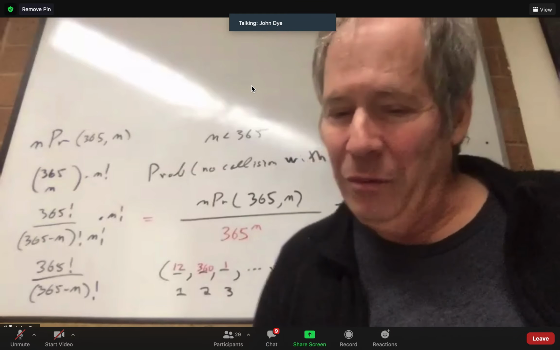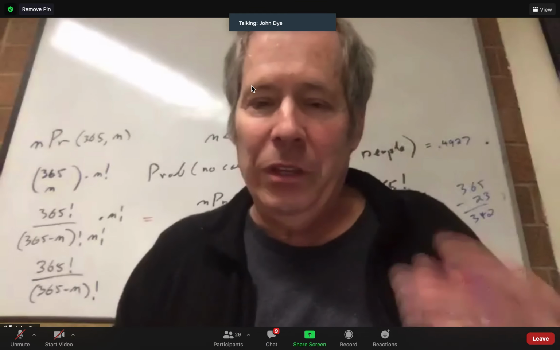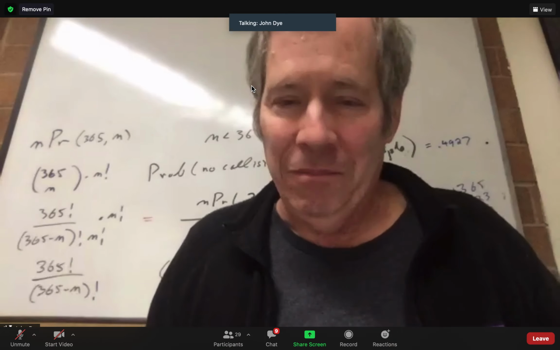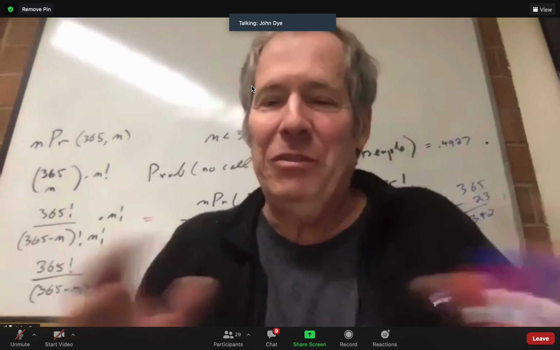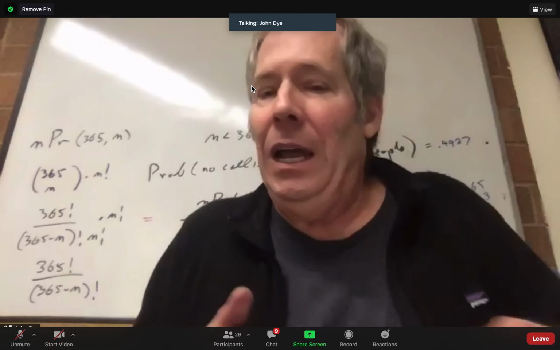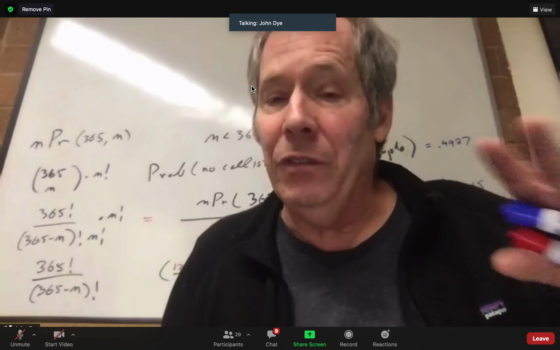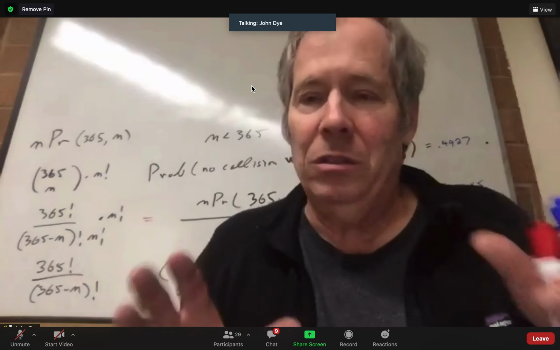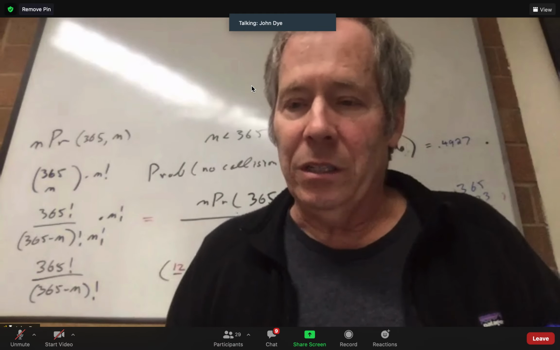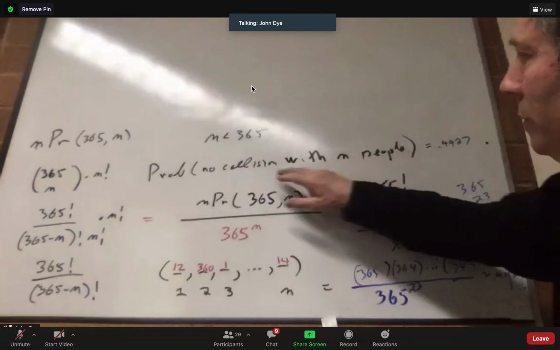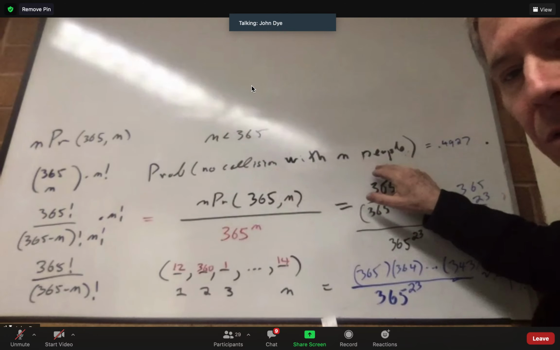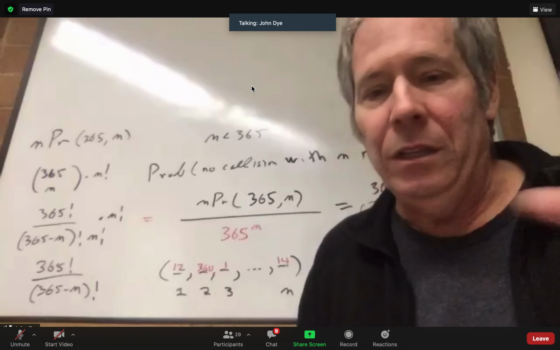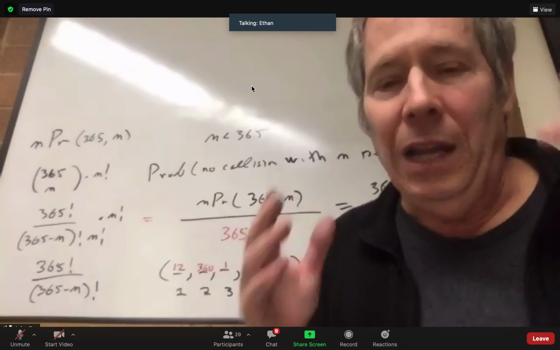But we've got to be really careful because these are reserved words in probability. When you say unlikely, it means it isn't going to happen in probability and statistics. If they say it's likely to happen, that just means the probability of it happening is over 50%. I know that doesn't make sense to you, but this is the lingo they use in statistics. So if the probability of no collision is 49%, that's equivalent to saying the probability of a collision is likely. Okay.